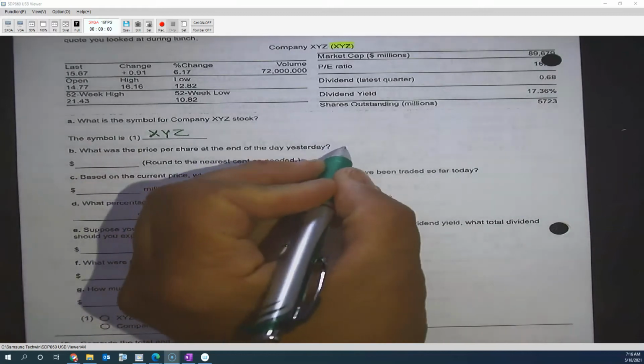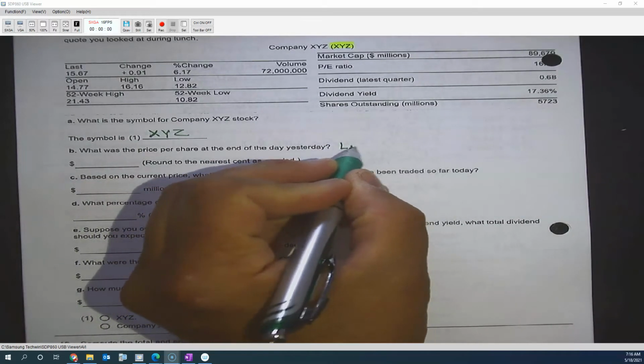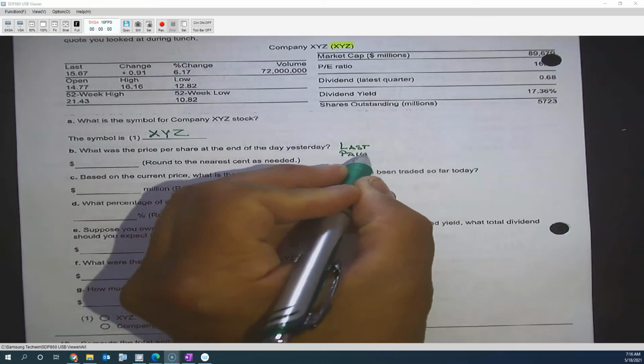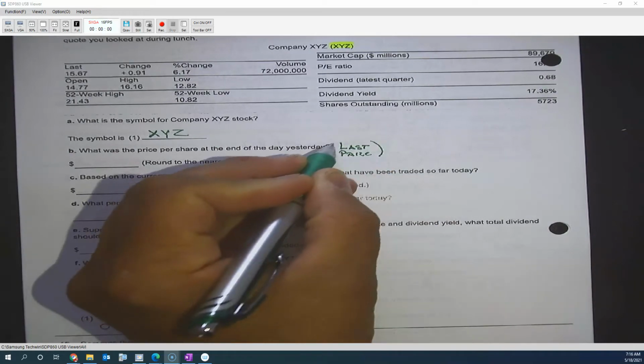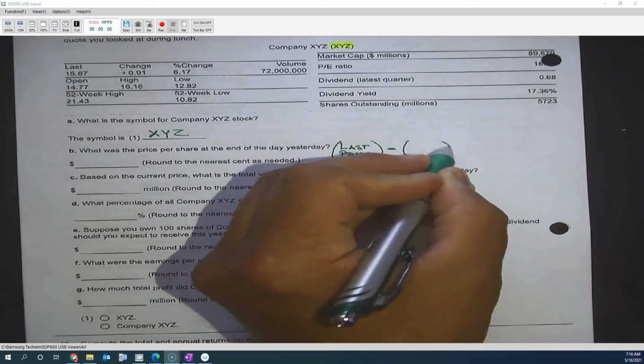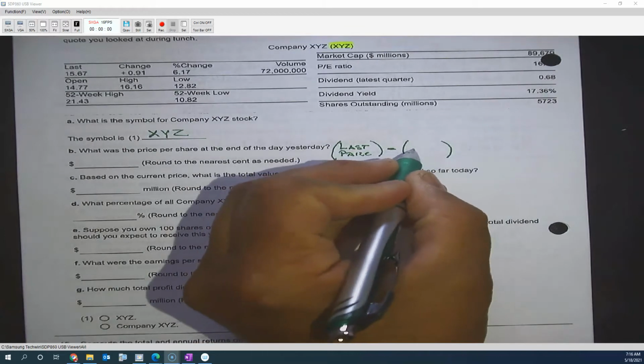So to do this, I'm going to take the last price and I'm going to subtract whatever the change is.